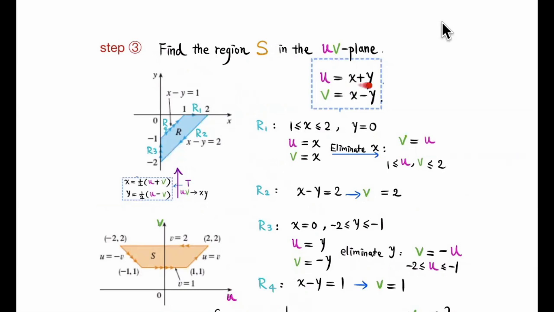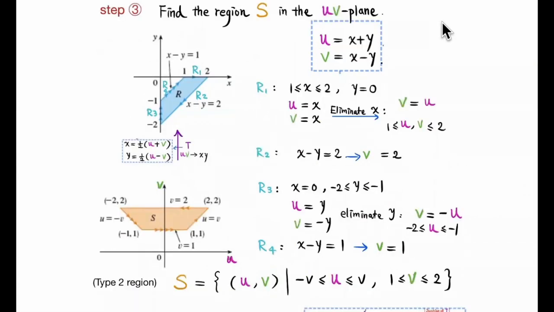Substituting y equal to 0 here and here, we get u equal to x, v equal to x. Eliminating x, we got v is equal to u, where u and v are greater than or equal to 1, less than or equal to 2. So v equal to u is this nice segment here, where u and v are greater than or equal to 1, less than or equal to 2. So R1 maps to S1.